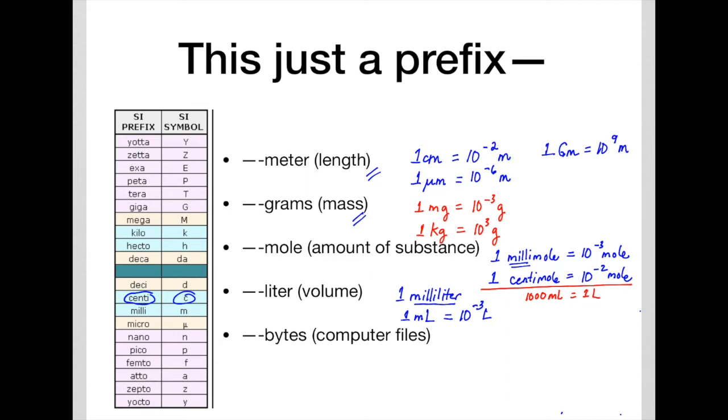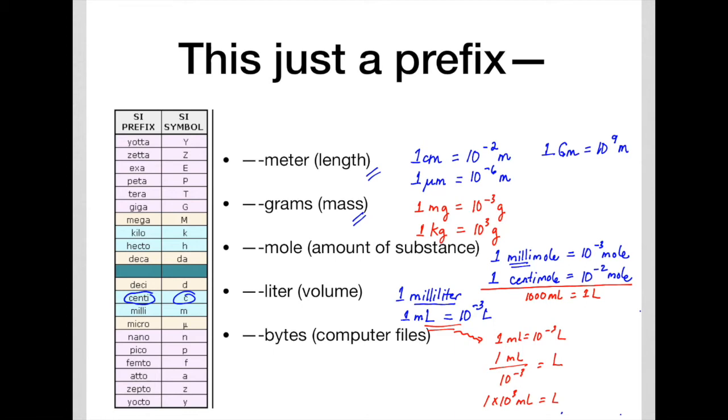Now, as you can see, if we manipulate this algebraically, 1 ml equals 10 raised to negative 3 liters. It is just the same as 1 ml over 10 raised to negative 3 is equivalent to liters. Manipulating it algebraically, that becomes 1 times 10 raised to 3 ml, and that is 1 liter.